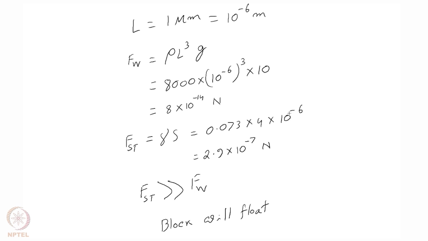Now where is that critical length where the gravitational force or the weight and surface tension force are exactly equal? At that point the block will just float, right?